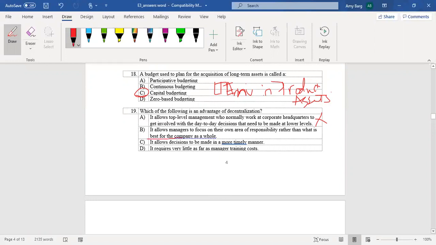Well, that doesn't really sound like an advantage, right? You would want them to consider what's best for the company as a whole, even if they are just considering their own area of responsibility. It allows decisions to be made in a more timely manner. Well, that is a good thing. And it requires very little as far as manager training costs. I would argue that that's probably not true. So the answer to number 19 is C.